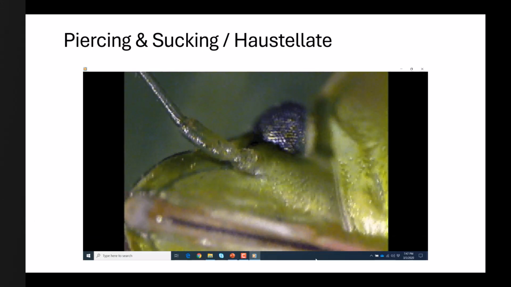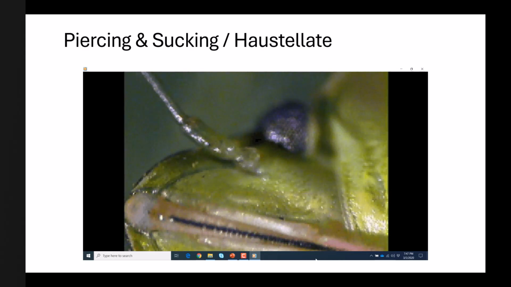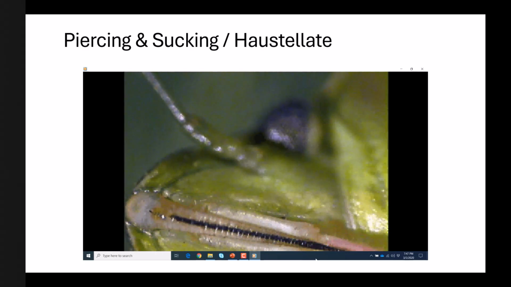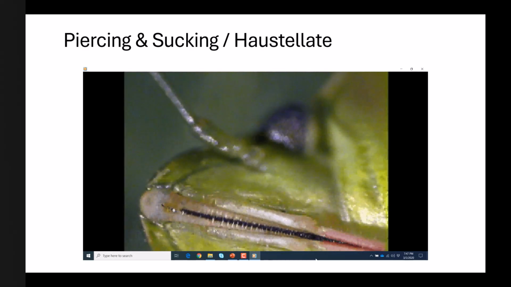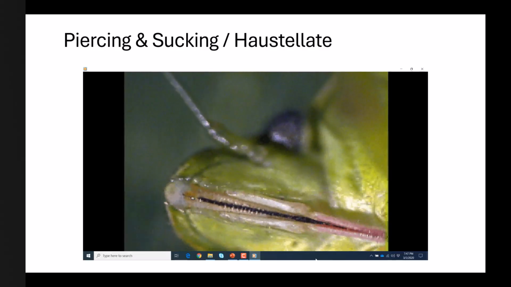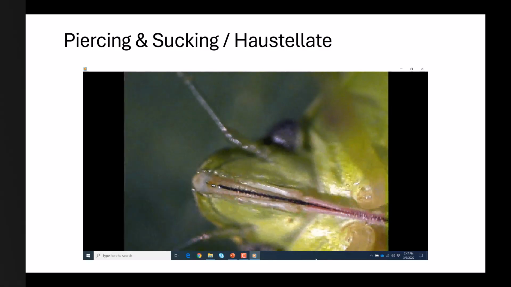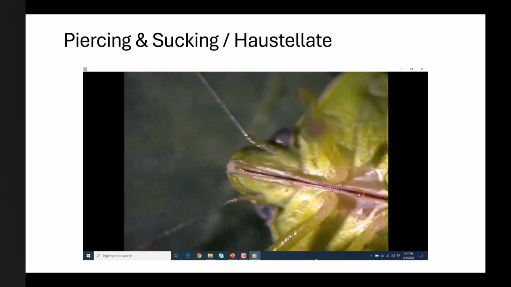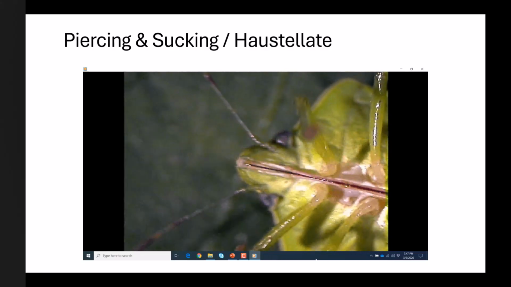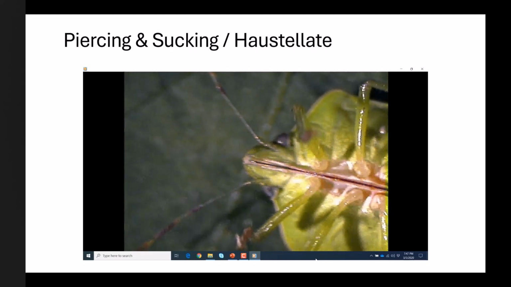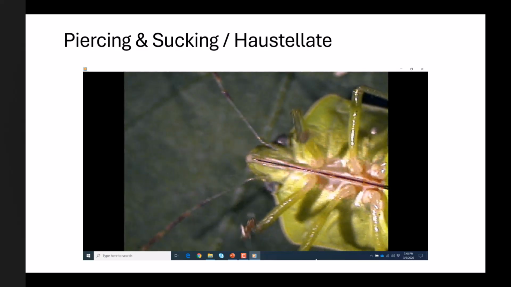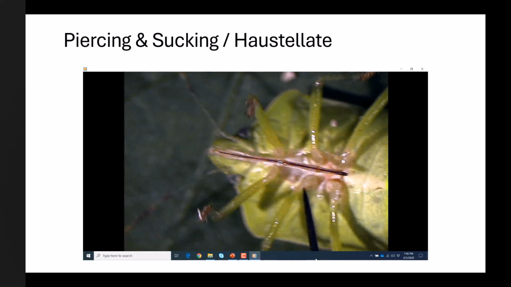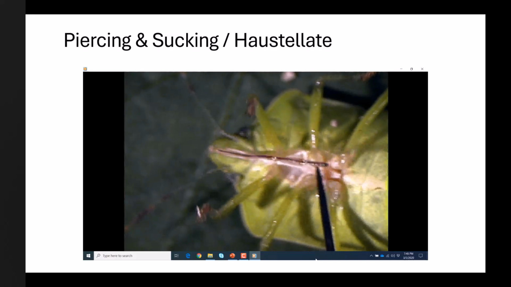Piercing and sucking mouthparts are called haustellate mouthparts, and haustellate includes any of those mouthparts that suck, that drink up food. Some insects have to pierce into their food and then suck the juices out. One example, of course, are mosquitoes, piercing your skin and sucking out your blood. This is a green stink bug with those piercing and sucking mouthparts. Now, they have all the same pieces to their mouth that the grasshopper had.